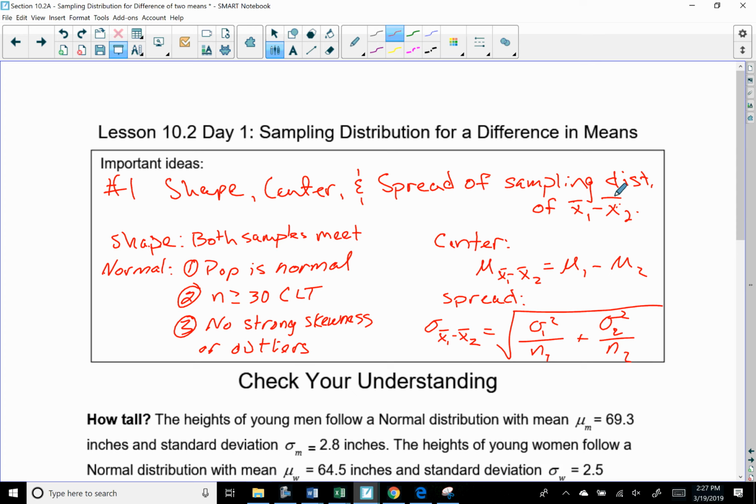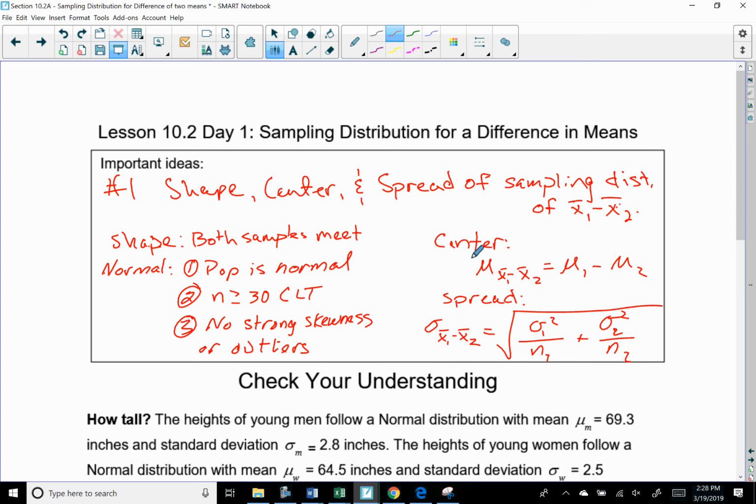One, is the population normal? If it is not, is the sample size greater than or equal to 30? If it's not greater than or equal to 30, if we plot some sort of sampling distribution, is there any strong skewness or outliers? Okay, so it has to pass at least one of these.